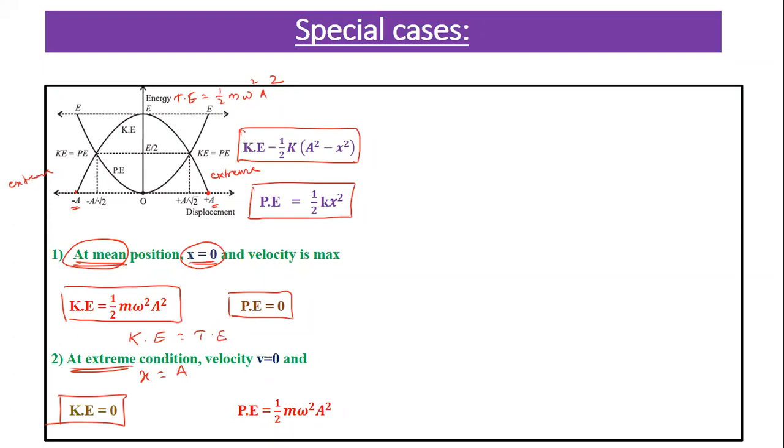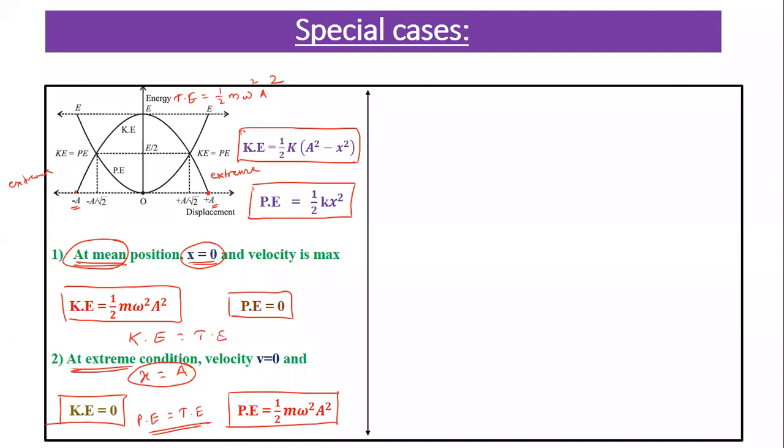And in the potential energy formula, if we substitute x is equal to a, we get potential energy equal to 1 by 2 m omega square a square, or instead of m omega square we can write k also. We get the formulas for kinetic energy and potential energy at extreme. Here at extreme, potential energy and total energy both are the same. That you remember.